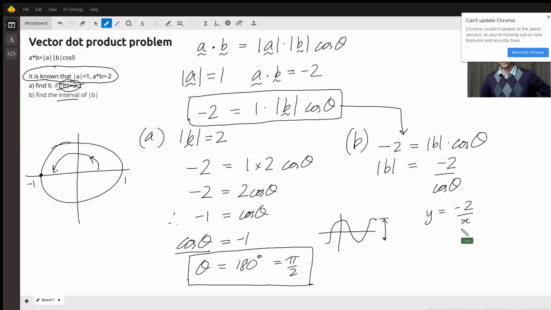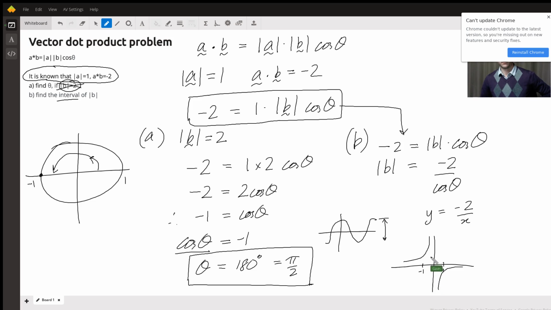If you draw that graph, you'll see it's a hyperbola. And we're going to find the value of y for whenever x is between -1 and +1, so between here and here.